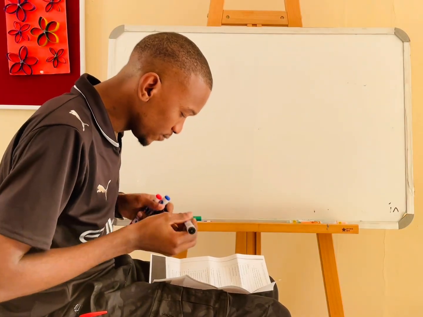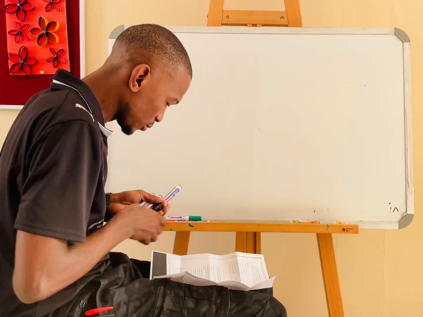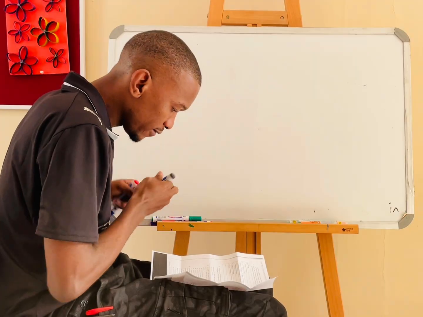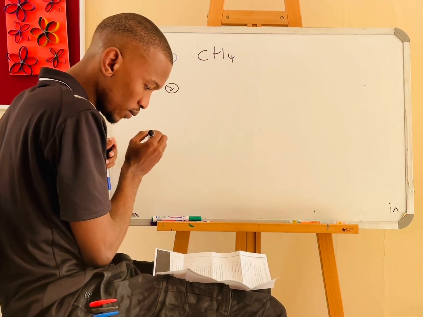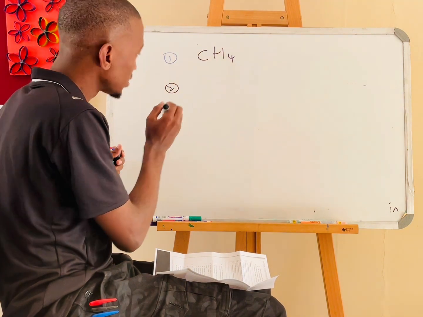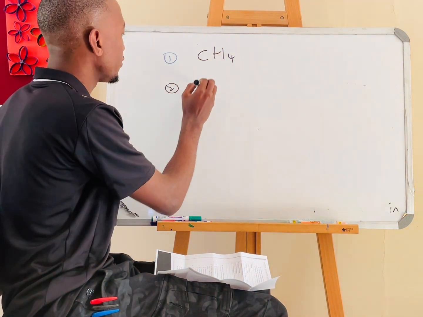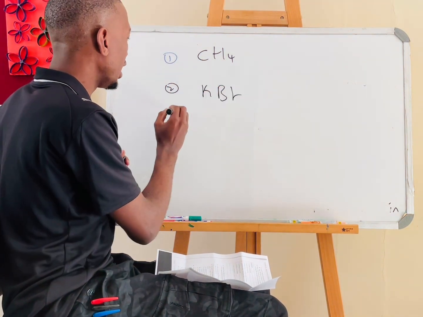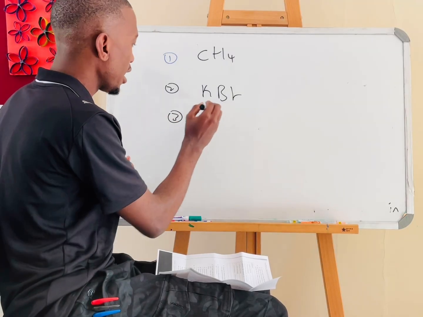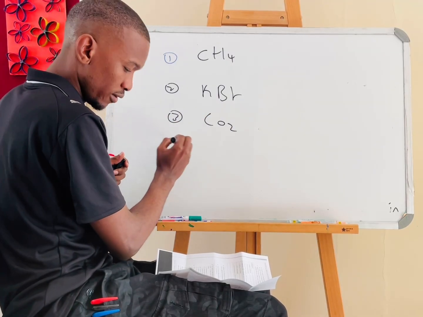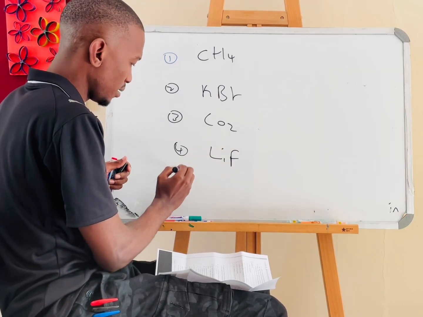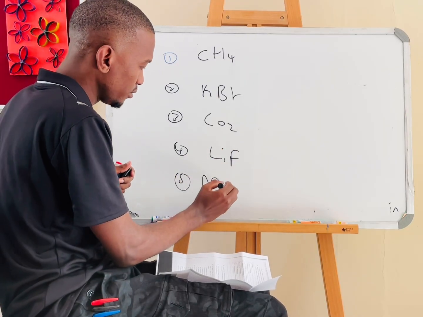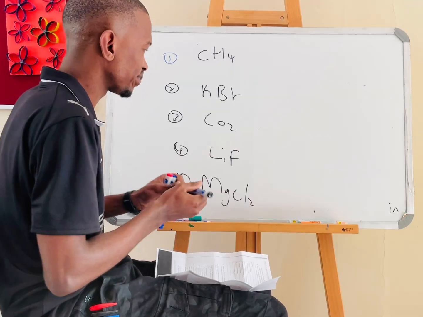Now, here's another one. Number 1, I'm going to use the black marker again. I have CH4. Number 2, I have KBr. Number 3, I have CO2. Number 4, I have LiF. Number 5, I have MgCl2.